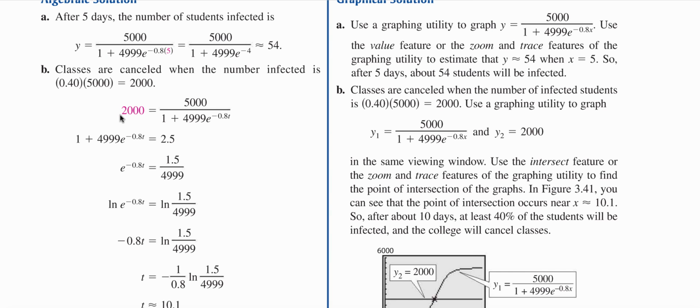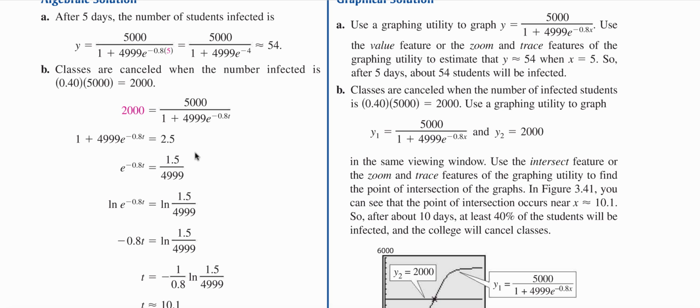So think of it this way: put the 2,000 over the number 1, cross the denominator up, and cross the numerator down. This gives us 1 plus 4999 e to the negative 0.8t equals 2.5.